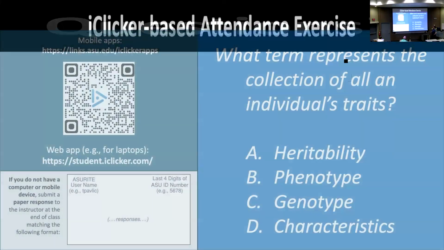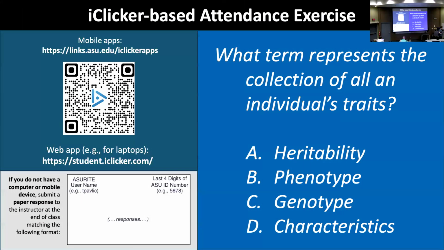All right, so let's do an iClicker, just to see if we're all paying attention. I'll do a multiple choice and open it now. The question is, what term represents the collection of all an individual's traits?